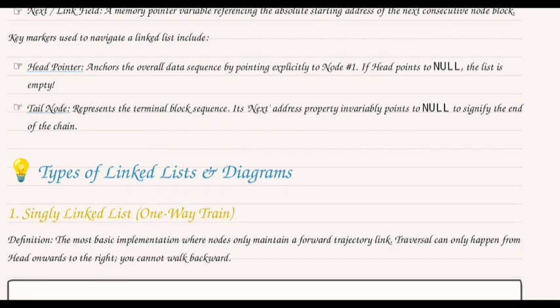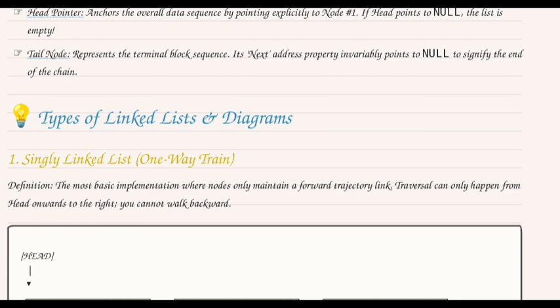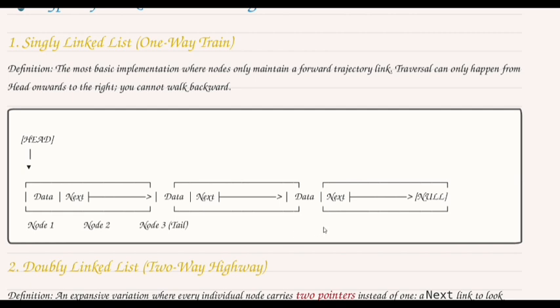The traversal can only happen from the head onwards to the right. The right is considered forward. You cannot go backward. The backward is considered the left side, also said to be the previous side. Here you can clearly see the diagram, with the head node, the tail node and the data point.